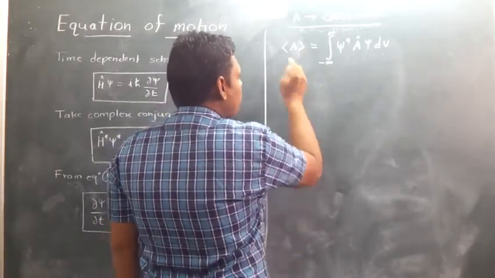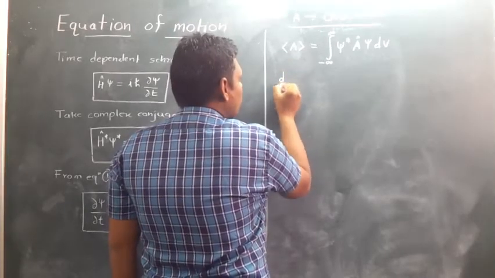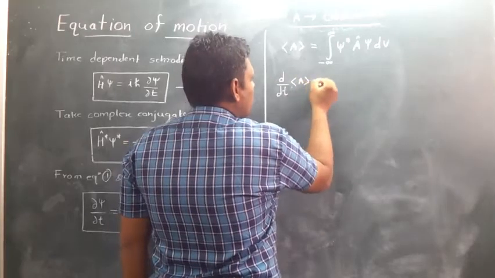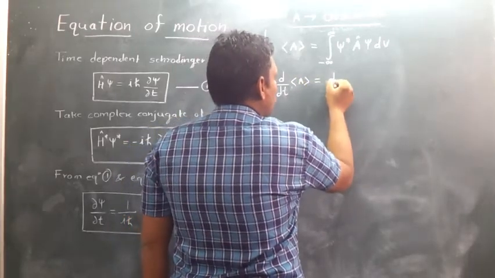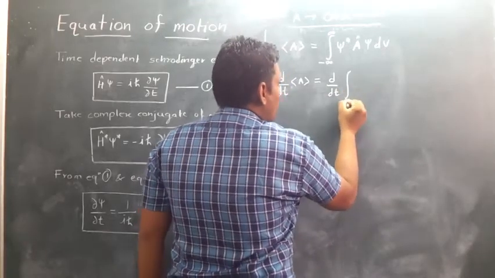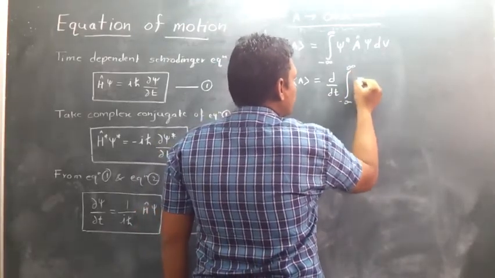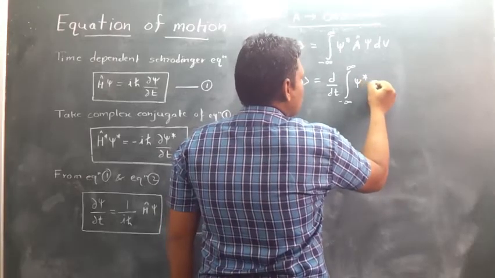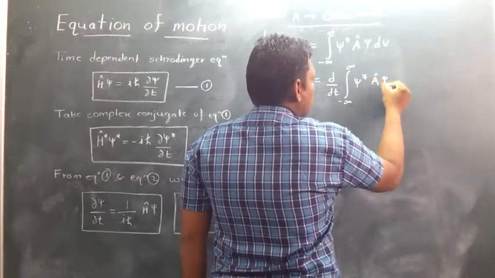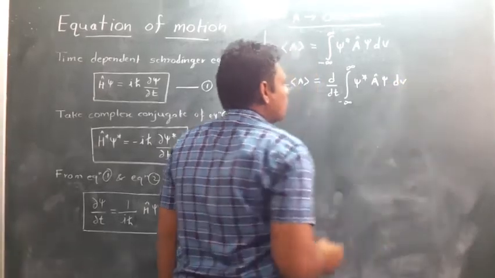What will be the time derivative? It will be d upon dt of the expectation value of A, which is equal to the time derivative of the integral from minus infinity to plus infinity of psi star A cap psi d tau.